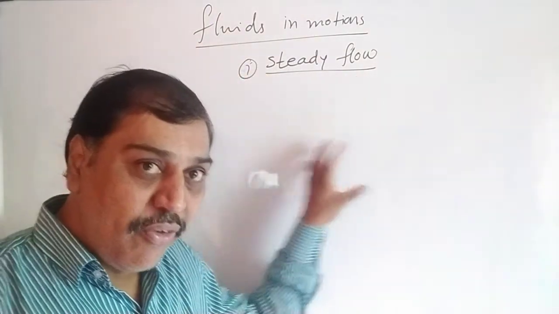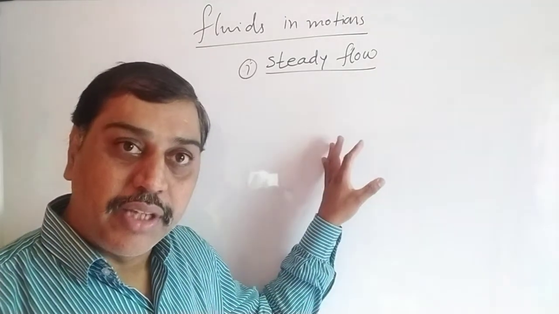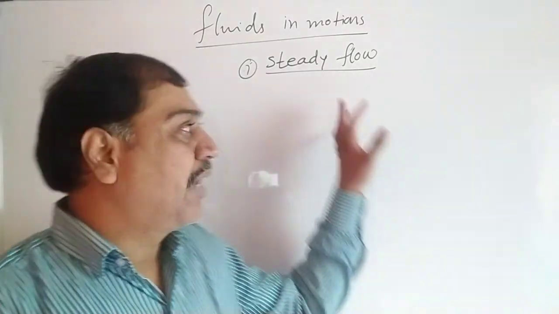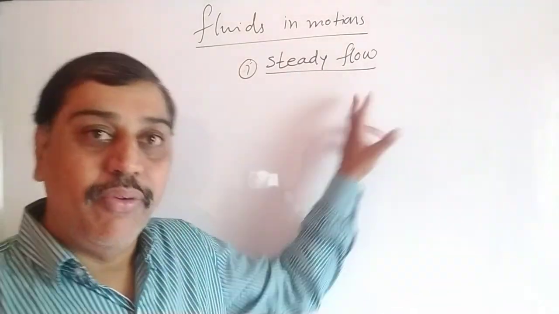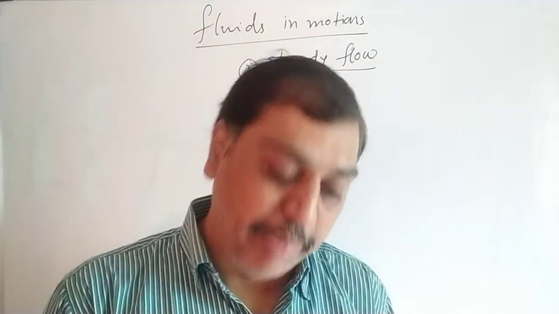Liquid is flowing, moving from one point to another, but if the pressure and velocity are constant throughout, then the flow is said to be steady flow. There is no change in velocity, no change in pressure.